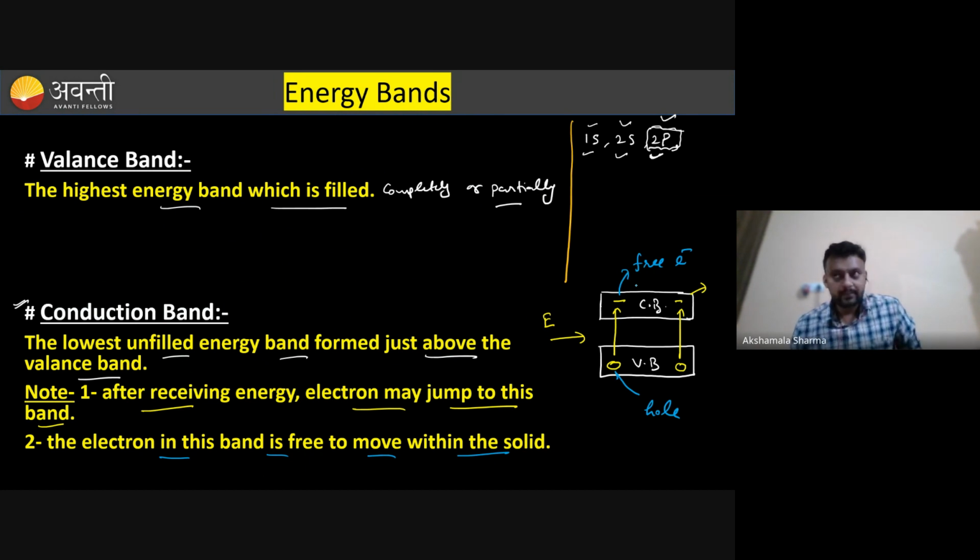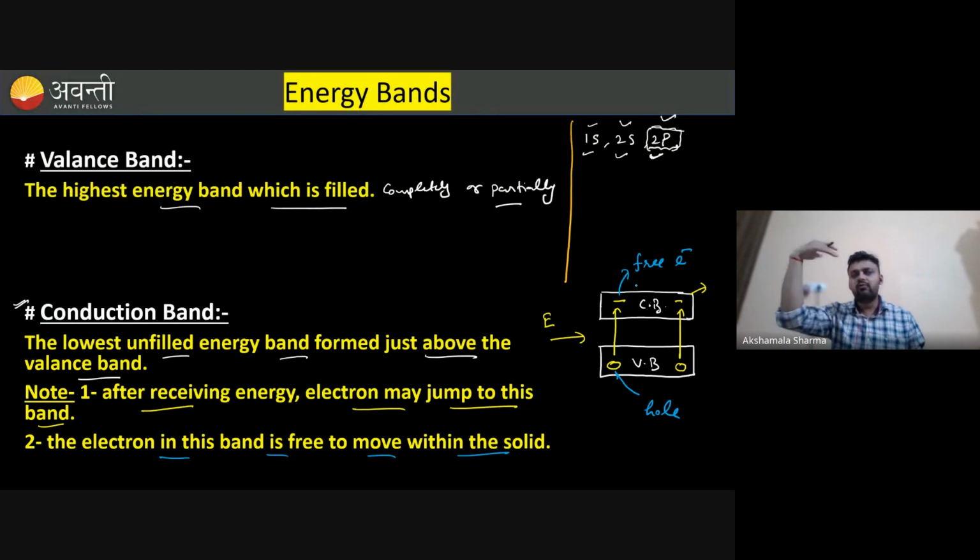Things are different. It may create some confusion in your mind if you are not focusing well. So I will repeat every bit that I have gone through till now. Number one, the energy bands form due to the interaction of the shells. Clear?